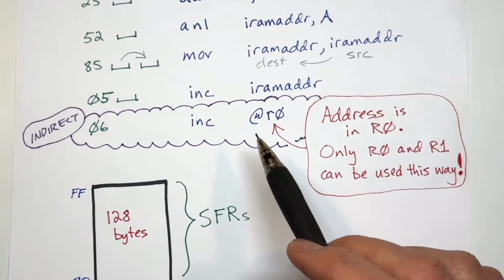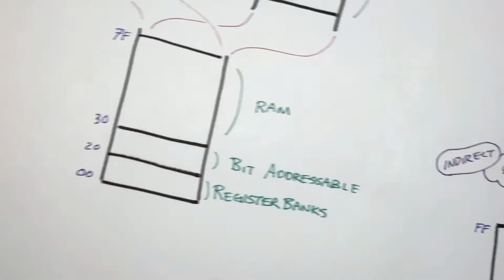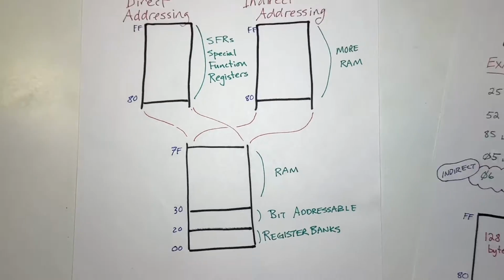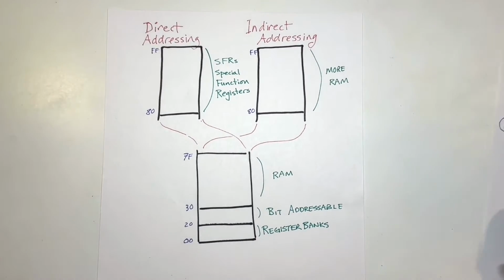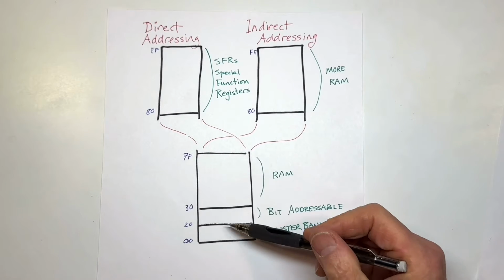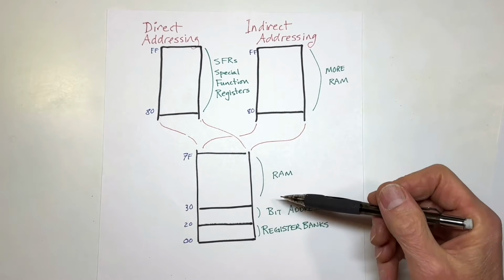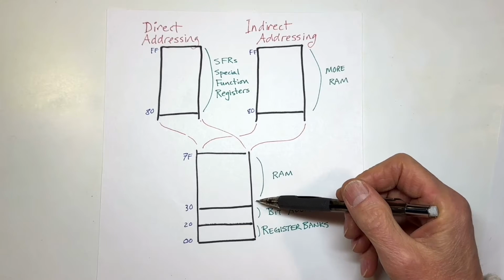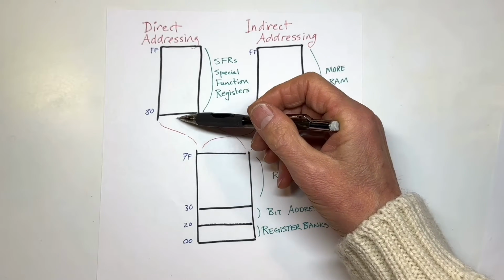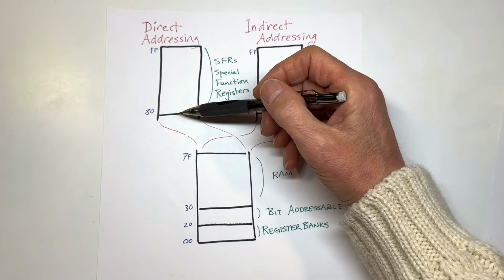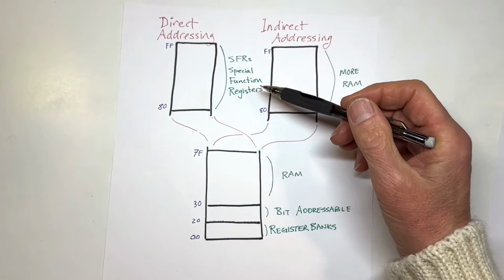But we also have something called indirect addressing. And to understand that, let's take a look at this view of memory. Here we see the register banks, the bit addressable, and the 80 bytes of RAM. And if we continue with direct addressing, we are addressing the special function registers.